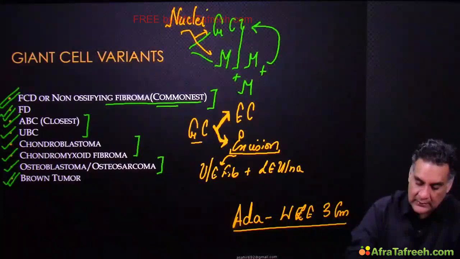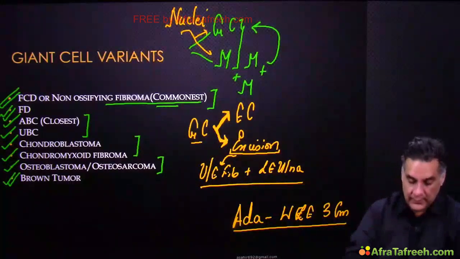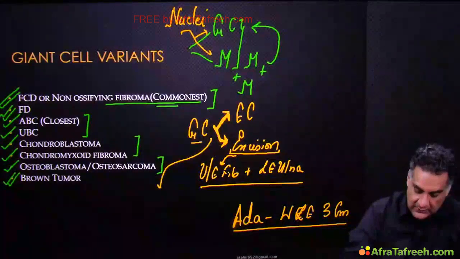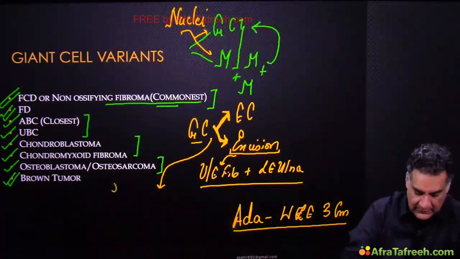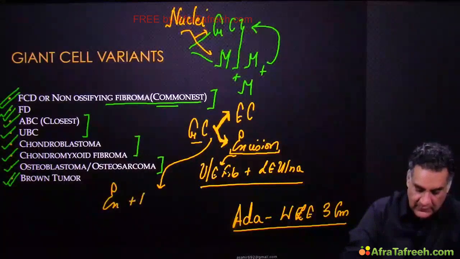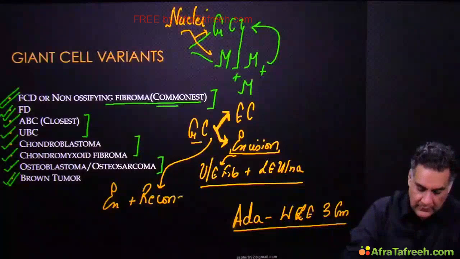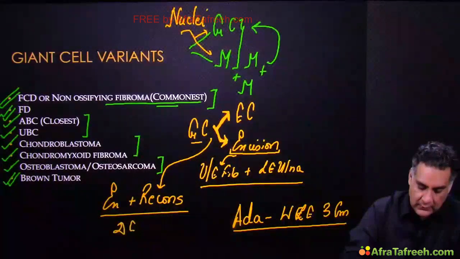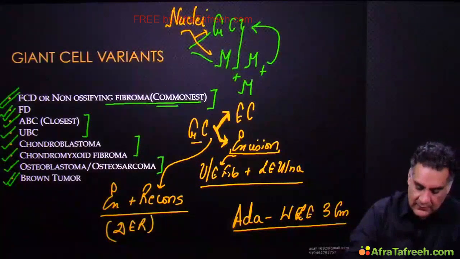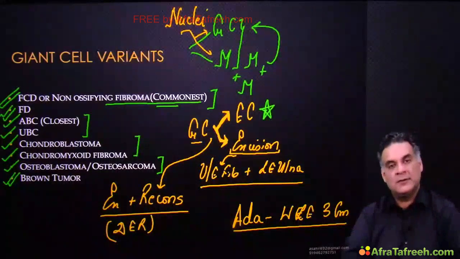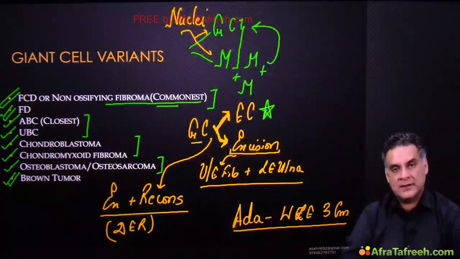These are those areas which can be sacrificed. And the third option is excision plus reconstruction. You do this at lower end radius many times. But the number one treatment of giant cell tumor is extended curettage.